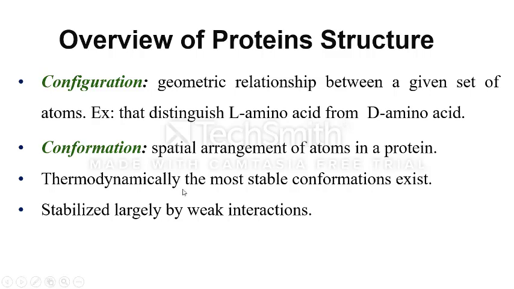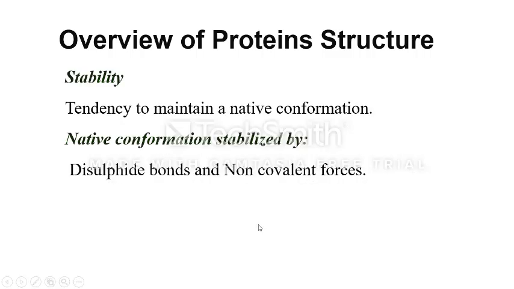Thermodynamically the most stable conformation exists and is stabilized largely by weak interactions. And this stability is basically the tendency to maintain the native conformation, or the parent conformation, that is called the stability of protein.